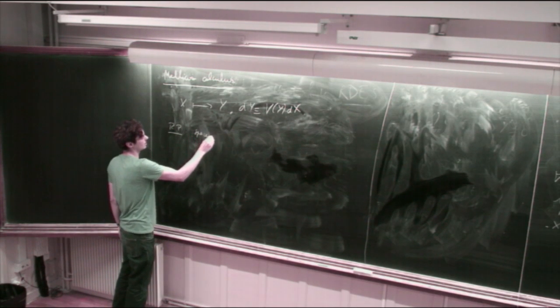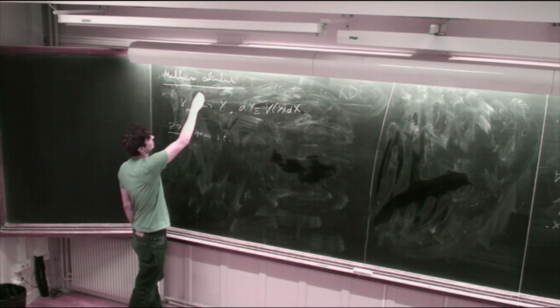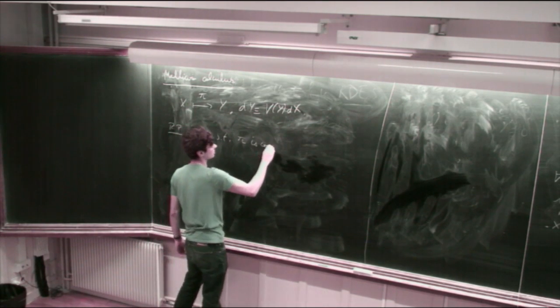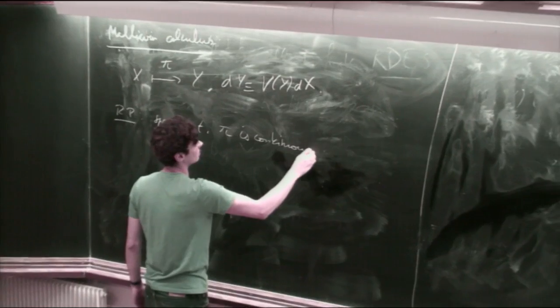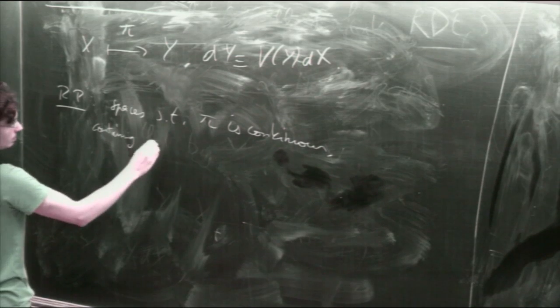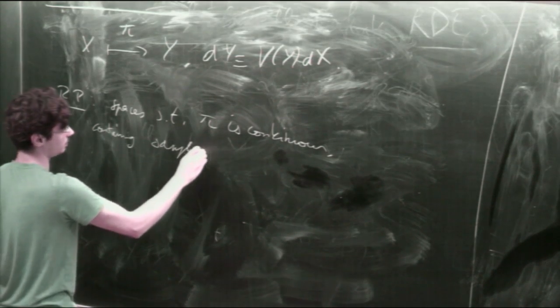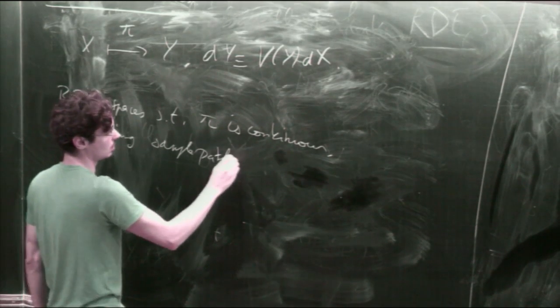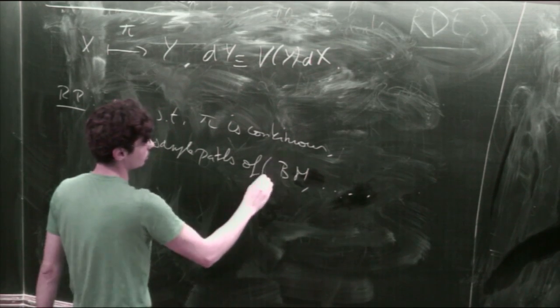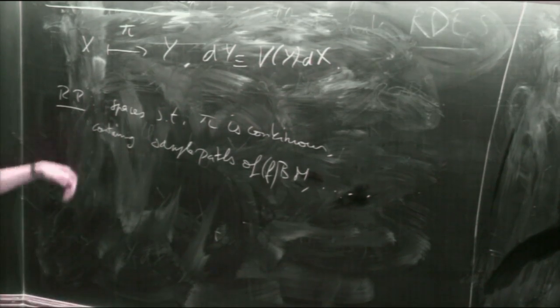We look for spaces such that, let's call this map pi, pi is continuous and which are rich enough to contain, let's say, sample paths of Brownian motion, or also fractional Brownian motion, so all kinds of stochastic processes.